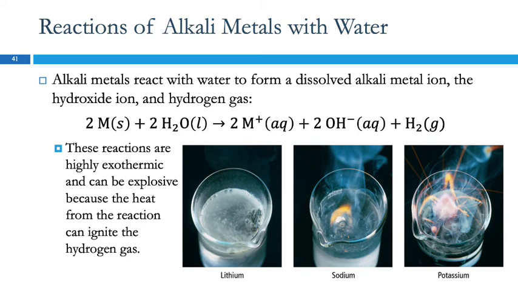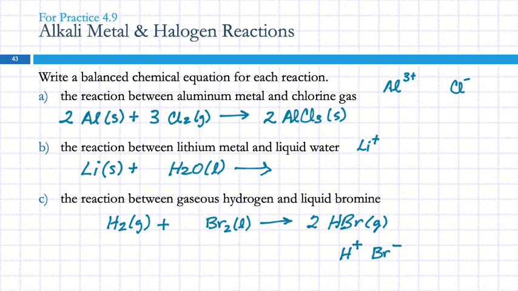So the other two products are hydrogen gas and hydroxide. So I'm going to get that ion. That's going to be dissolved in water. And from looking at what the book said, I'm going to get hydroxide ion and water.